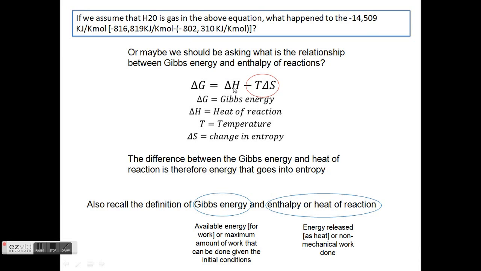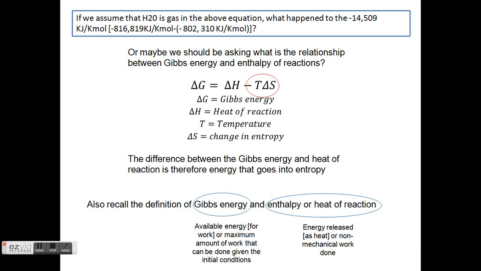We'll find out that the 14,509 would then be this term, which is also an energy term, but this energy is, I like to call it, lost energy, energy due to the disorder of the system. The disorder is necessary anyway to allow the reaction to proceed. The higher the disorder, the more spontaneous the reaction will be, or the easier for this reaction to proceed.